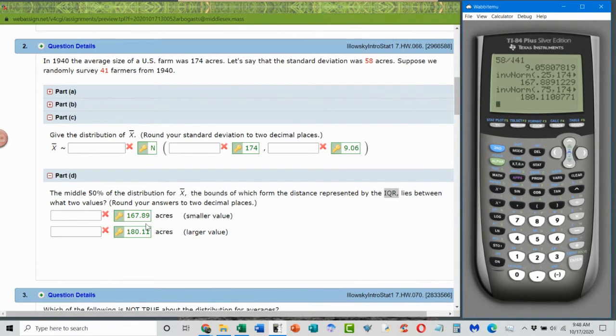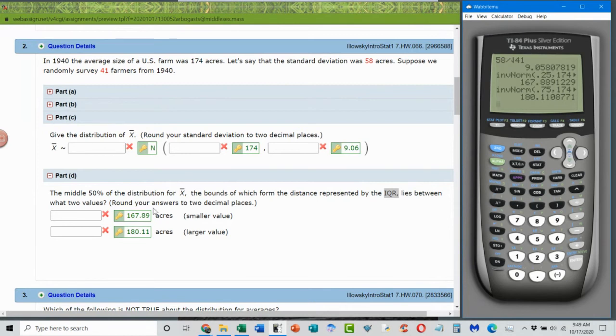So 50% of the farms are between 167.89 acres and 180.11 acres on average. If I was to take an average of 41 houses, sorry, 41 farms, not houses, because that'd be a really big house, the average size of 41 farms is between these two numbers.